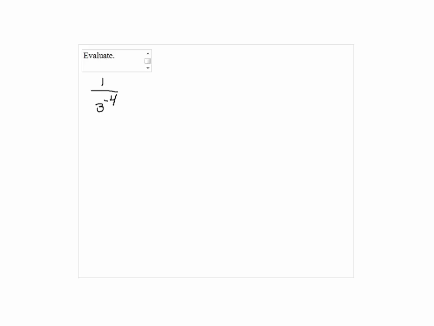Evaluate 1 over 3 to the power of -4. Recall, a to the power of -n is equal to 1 over a to the power of +n. Or if you have 1 over b to the power of -n, it's the same as b to the power of +n over 1.